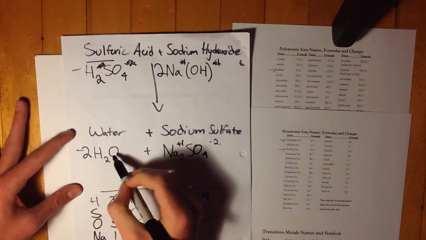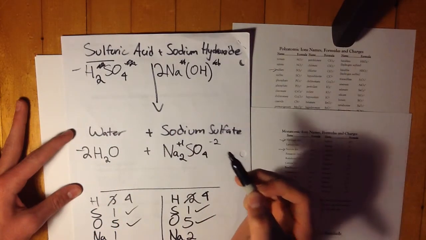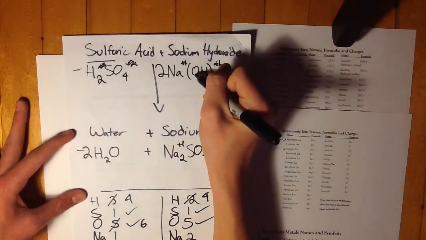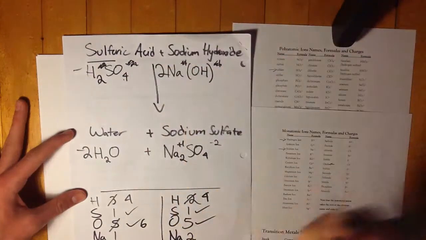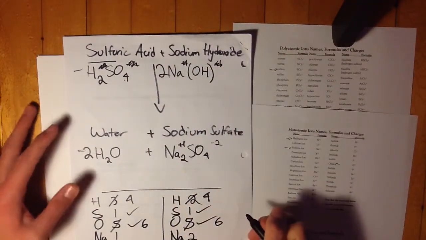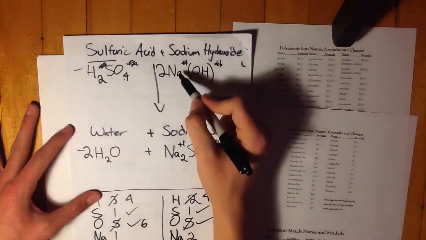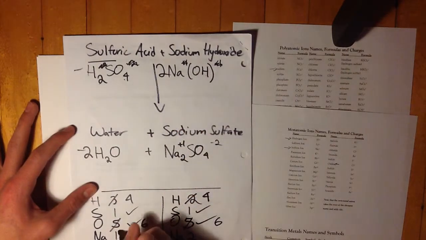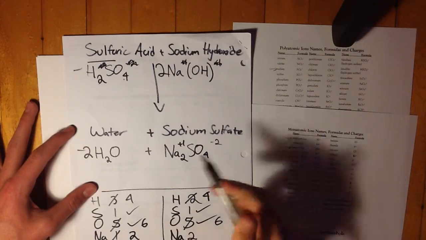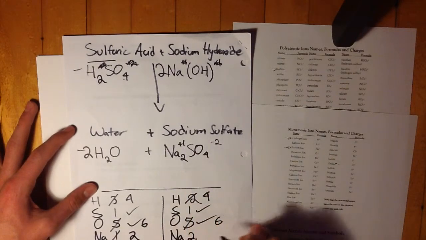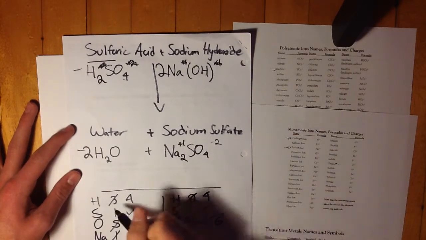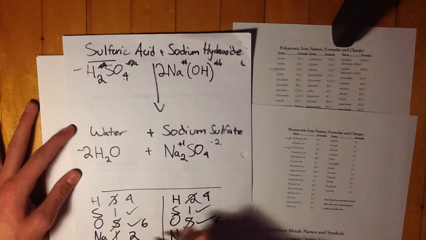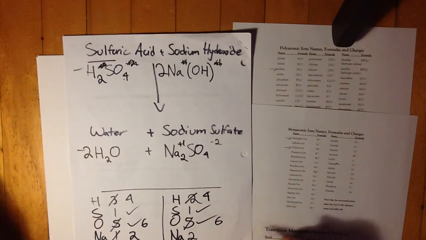Then we have 2 oxygens plus 4 here, that's 6. Then we have 2 sodiums here at the top, and then there's 2 at the bottom here, so that all checks out. We have 4 hydrogens, 1 sulfur, 6 oxygens, and 2 sodiums.